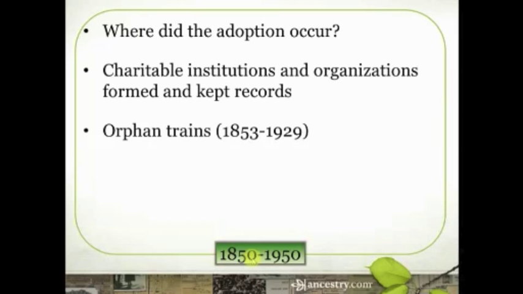And so the solution was what were called orphan trains, where they sent groups of orphans to cities and towns in the Midwest to be fostered or adopted by families in the Midwest who needed extra farm help or who wanted those children. It relieved a problem in New York and helped solve problems in the Midwest. And so there are really great records of the orphan trains. There's actually an organization that is collecting those kinds of records, and you can find that if you just Google orphan trains. There are some great websites about that.